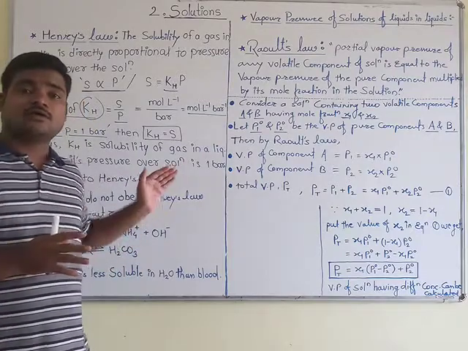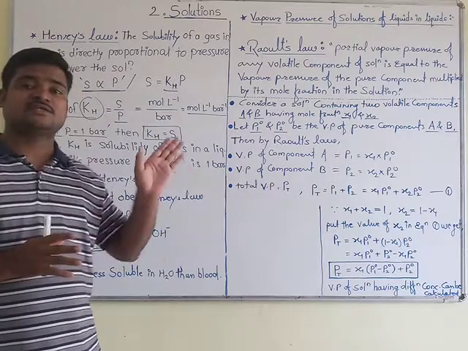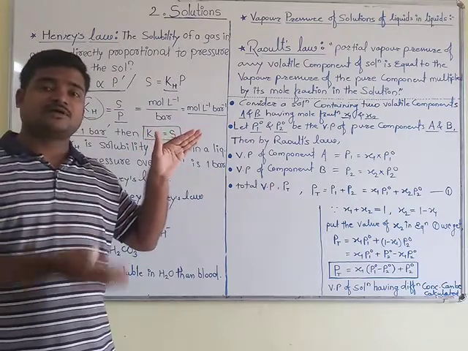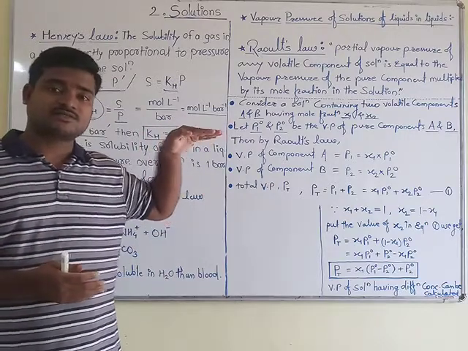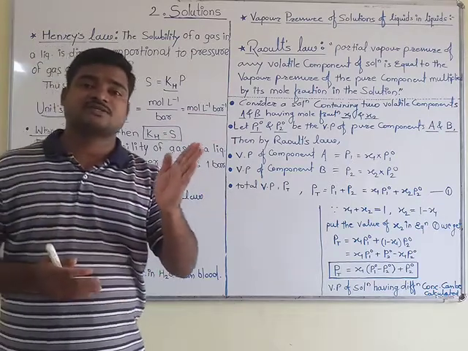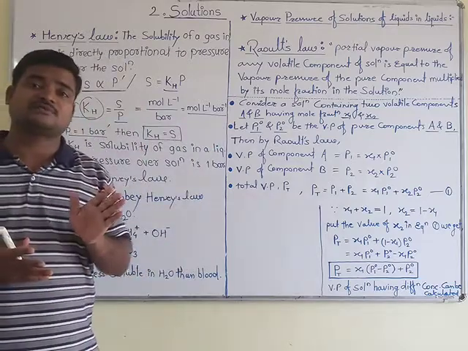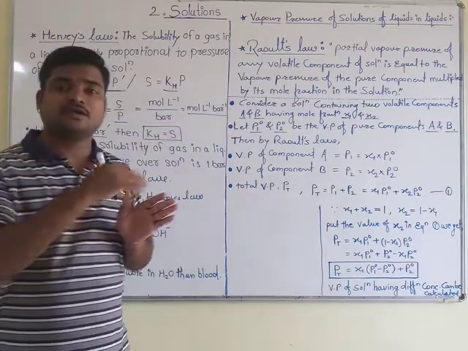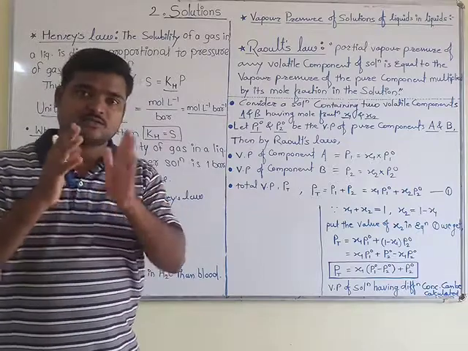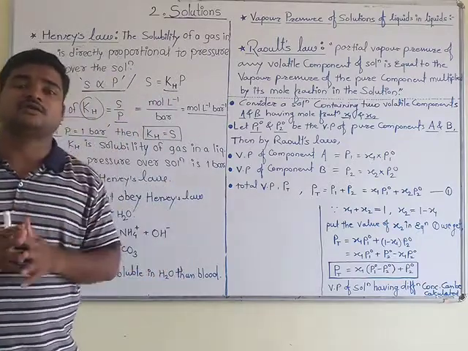With increasing temperature, first its solubility increases, but after some temperature, after 30 degrees Celsius, its solubility should increase, but instead of increasing it decreases. That was the exceptional case for that ionic salt in that liquid.